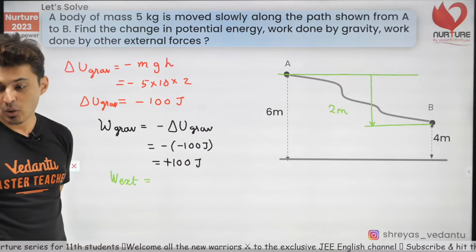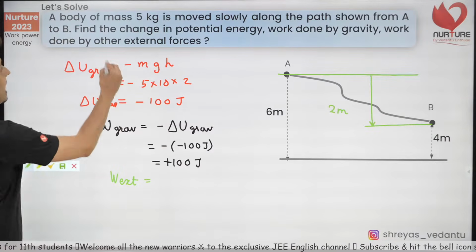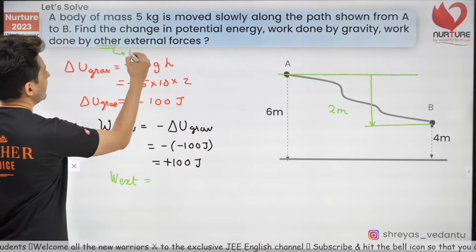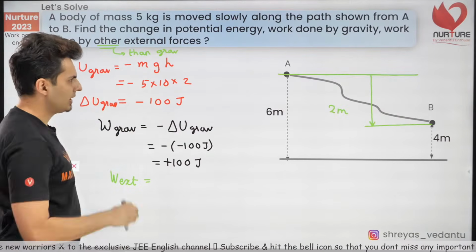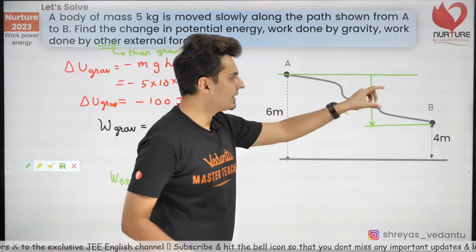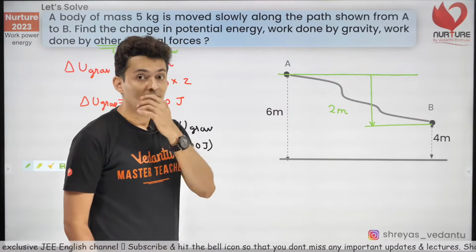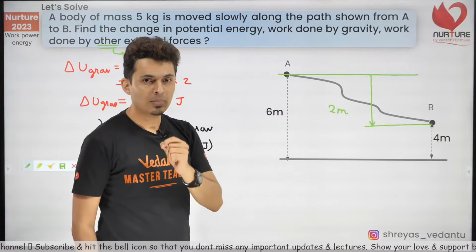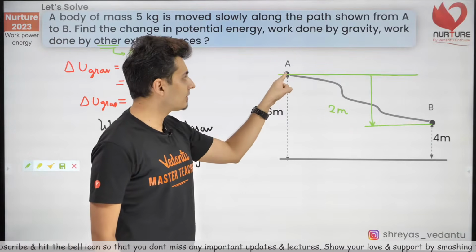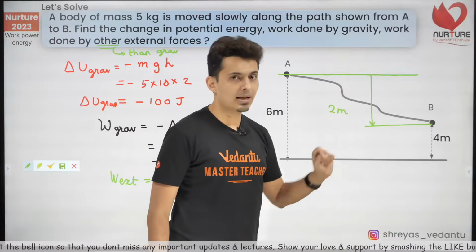Well, zero. No, other forces, other than gravity. See, think about it. When you bring it slowly, what is the meaning of that? You're forcefully preventing it from accelerating. Because if this mass is left, obviously it will accelerate by the time it comes here.